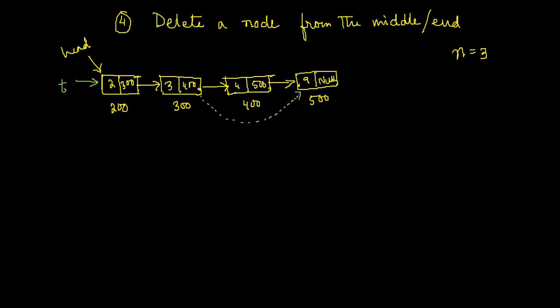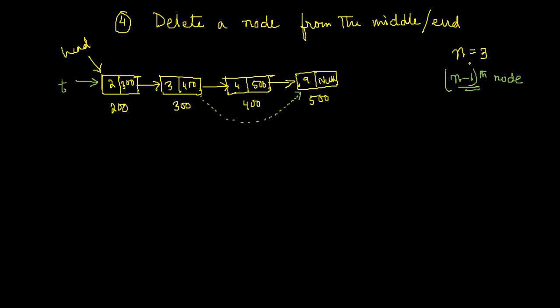If you want to delete the third node, you have to reach the second node, that is the n minus 1th node. The value of n doesn't matter; n can be 3, n can be 30. It is the node before the node that you want to delete.